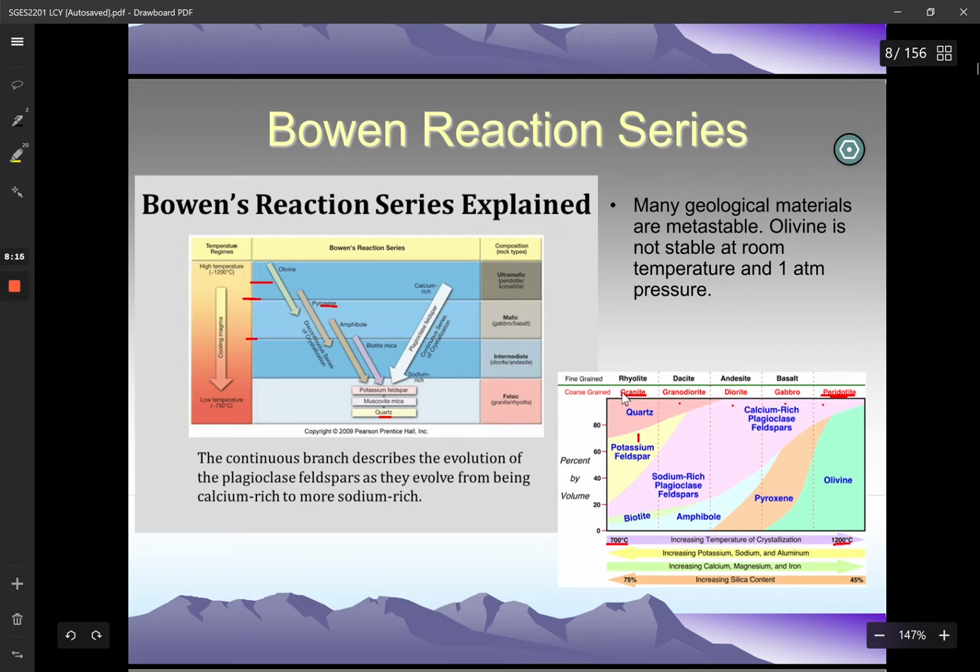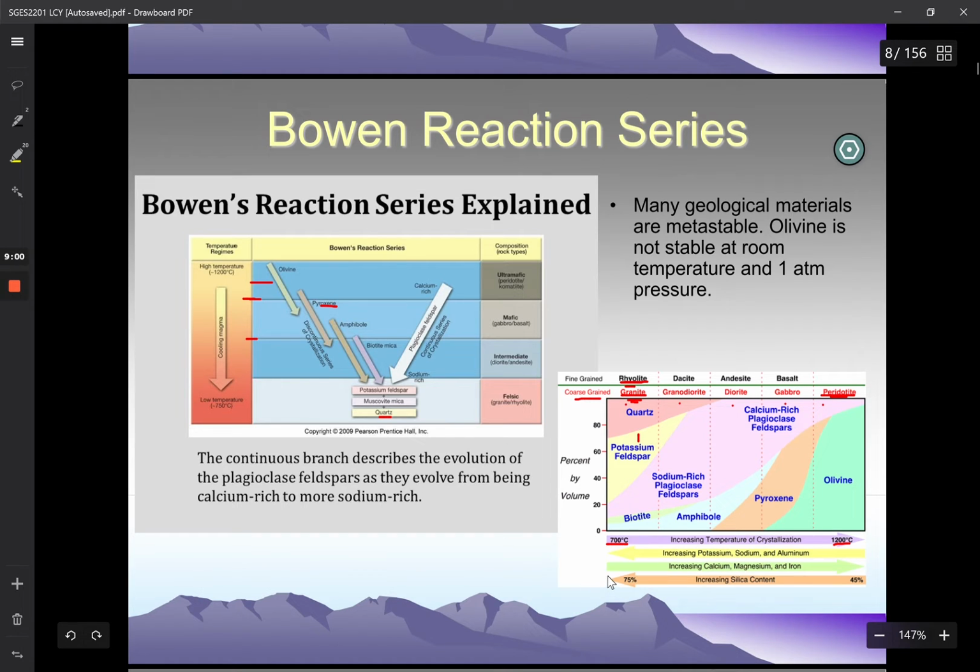Then you get granite when the crystallization process is slow, so the cooling process is slightly slower, and you get a coarse-grained granite. If it is rapid cooling, then you form fine-grained rock, which is rhyolite. They have the same composition, it's just a different grain size. One is coarse and another is fine.